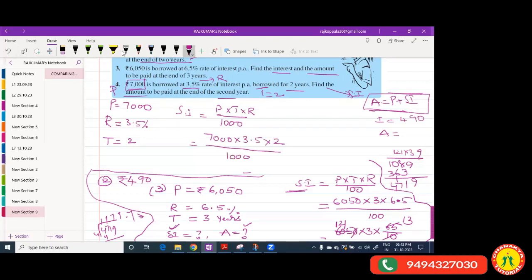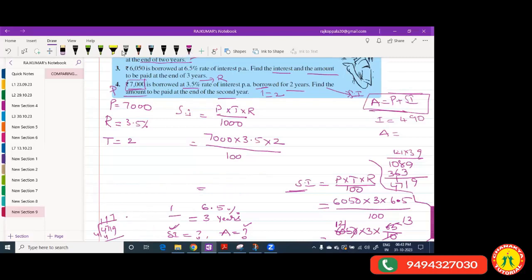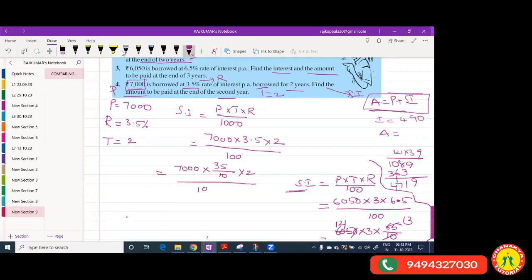Okay. Then, sir, it is 100. Wait, I will wait. See here. So 7,000 into 3.5 means 35 by 10 into 2 by 100. Two zeros cut.